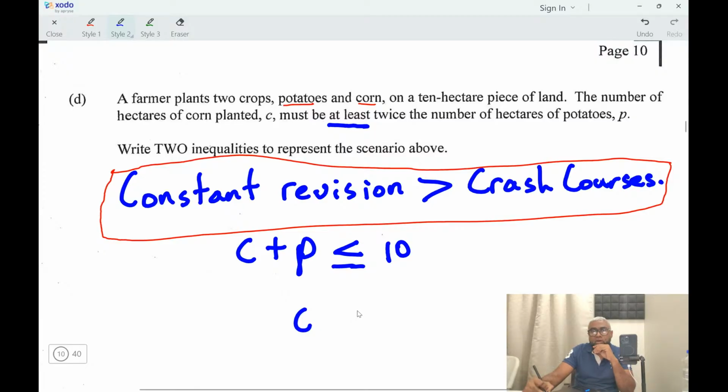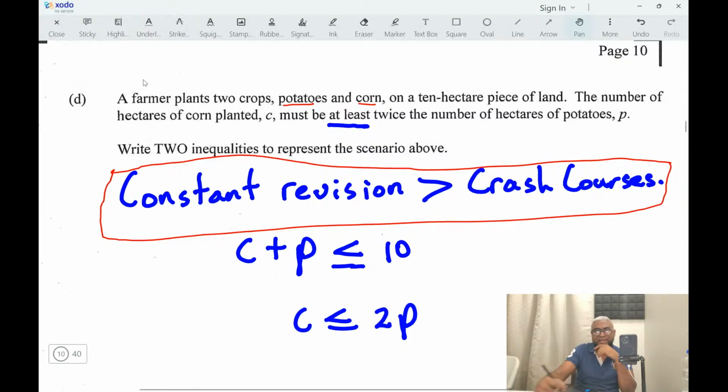So corn would be at least twice the number of potatoes. Wait, I wrote this wrong. Hold on.